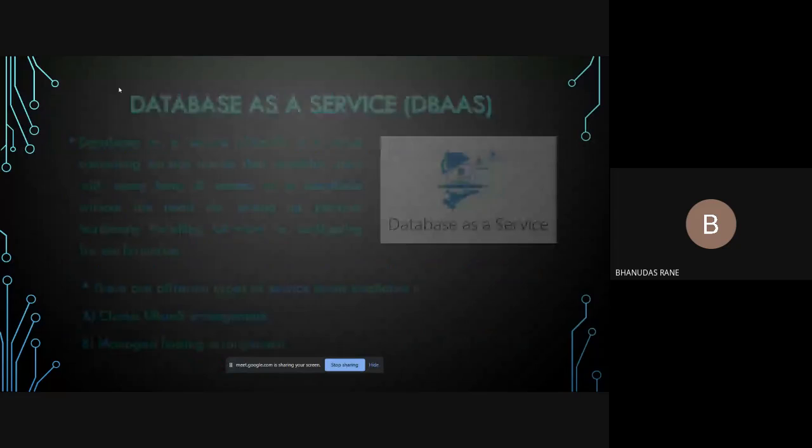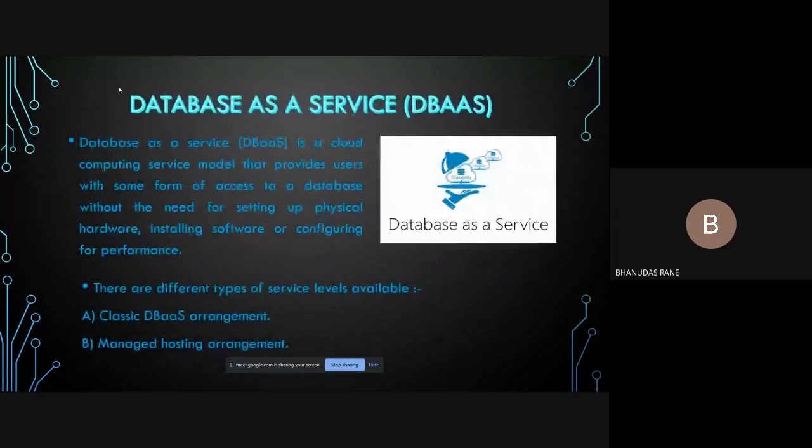And next, database as a service. This is a paid service given on the cloud computing platform. So database as a service is a cloud computing service model that provides users with some form of access to a database without the need for setting up physical infrastructure, installing software or configuring for performance.